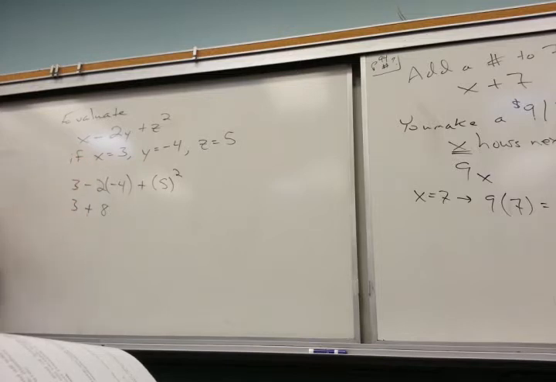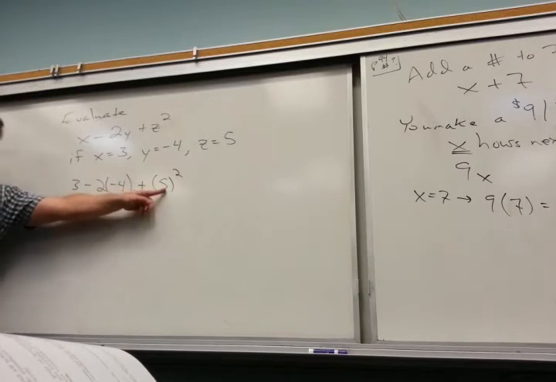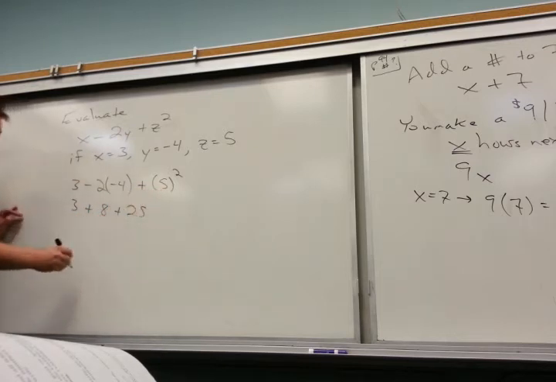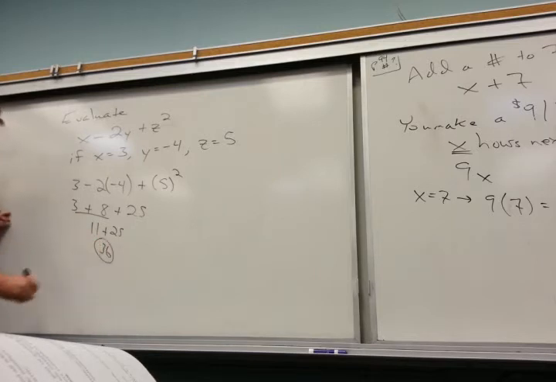So there's two ways to look at it. Personally, I look at it like negative 2 times negative 4. It's positive 8. Bam. Those two negatives will cancel. Make a plus. Plus, what's this? 25. Yeah, good. So you get 11 plus 25, 36. Cool.